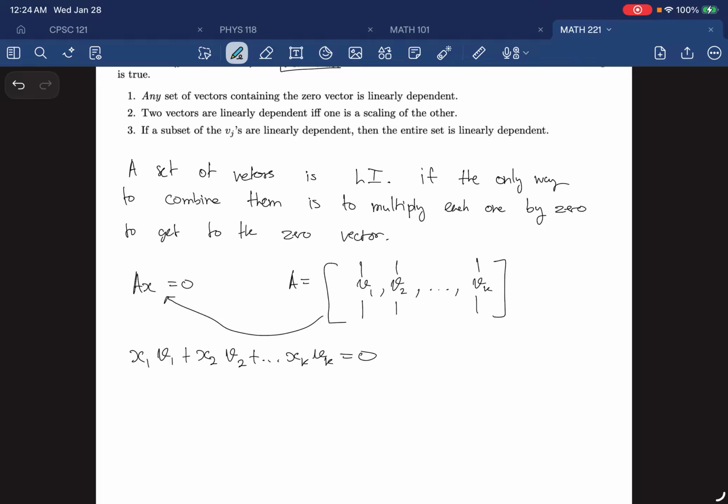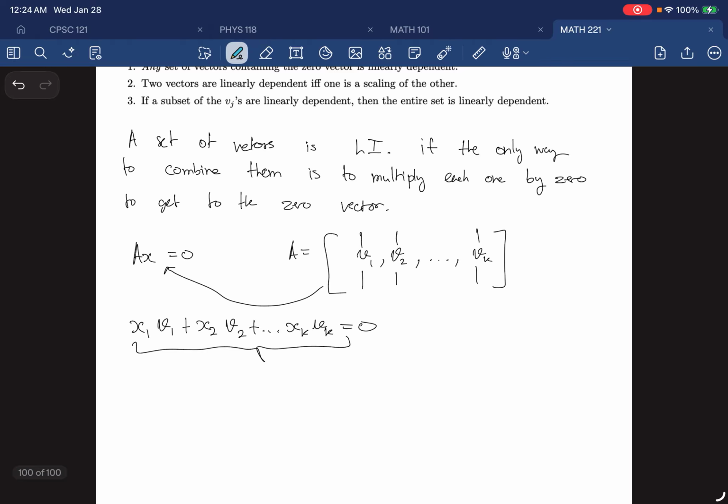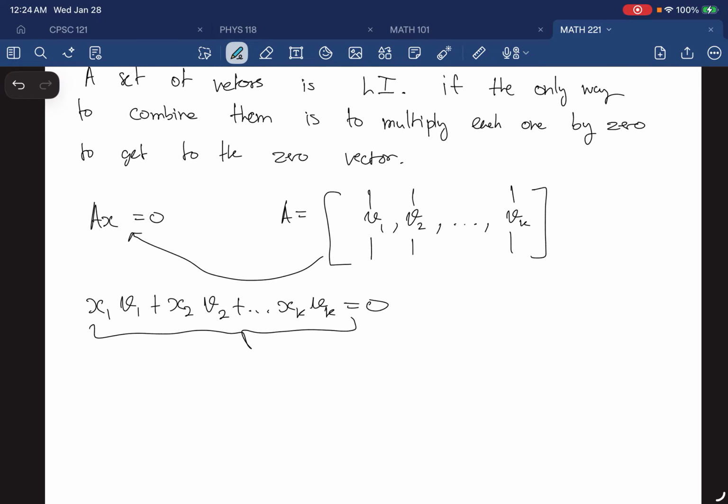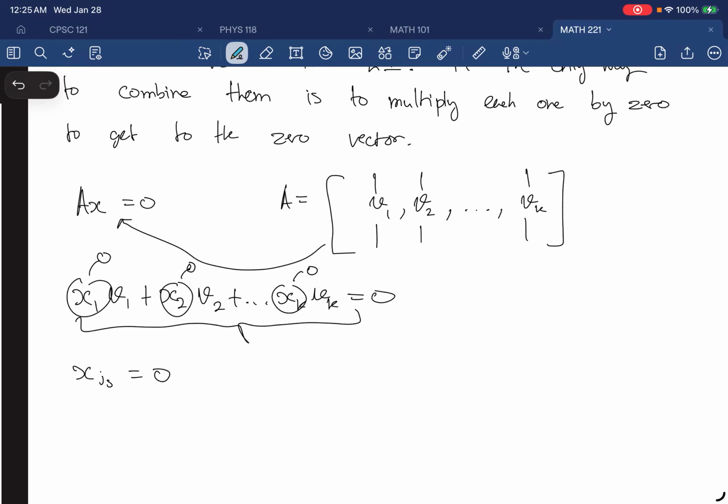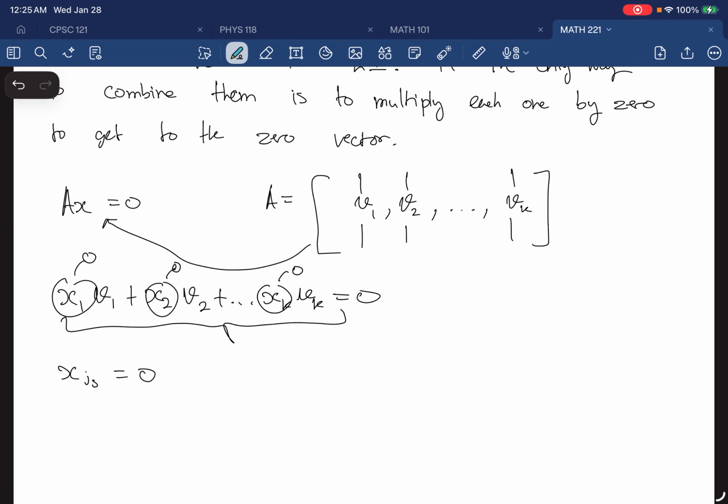What you're saying is that this equation can only be solved by the trivial solution, which means every xj equals 0: x1 equals 0, x2 equals 0, all the way up to xk equals 0. That's the definition of linear independence.